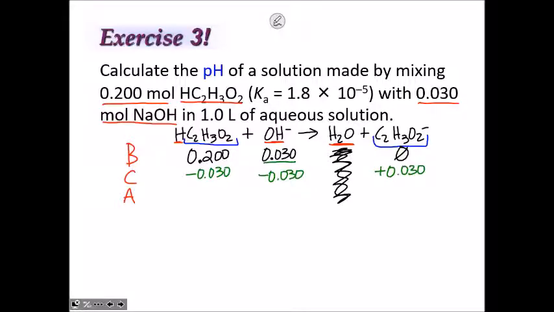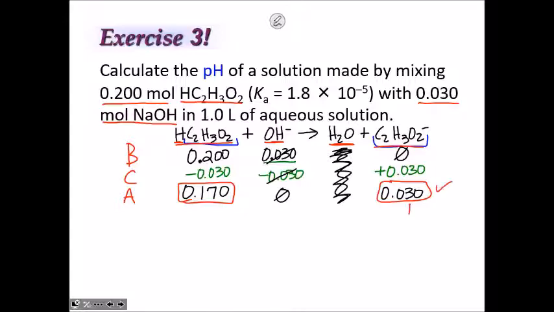And then we're going to end up with our 0.030 on this side. This cancels down to 0, and this is going to be 0.170.